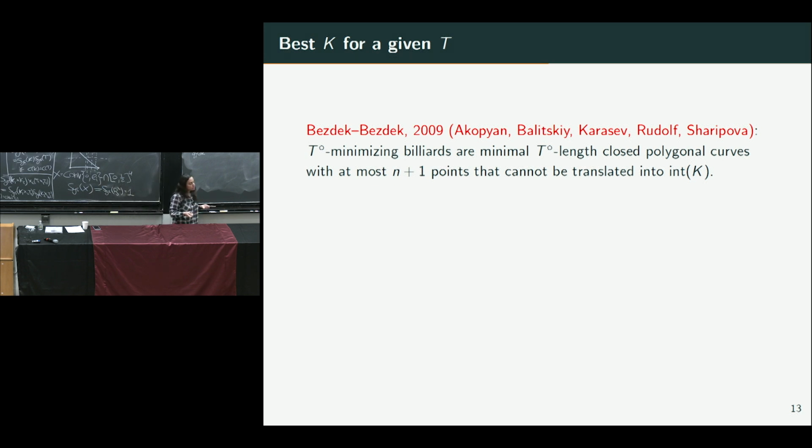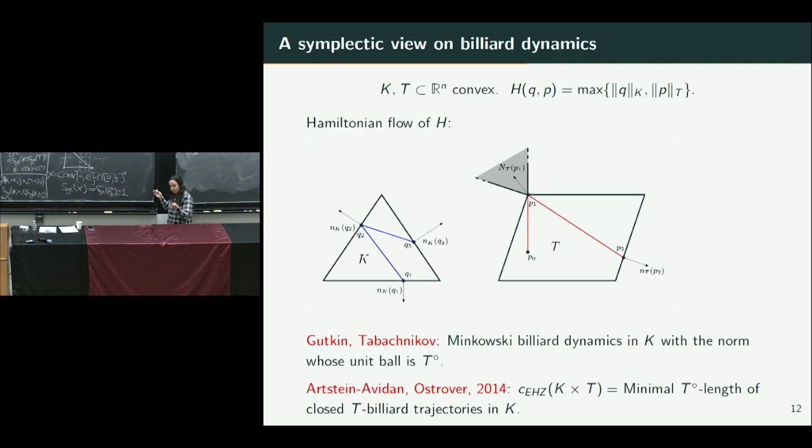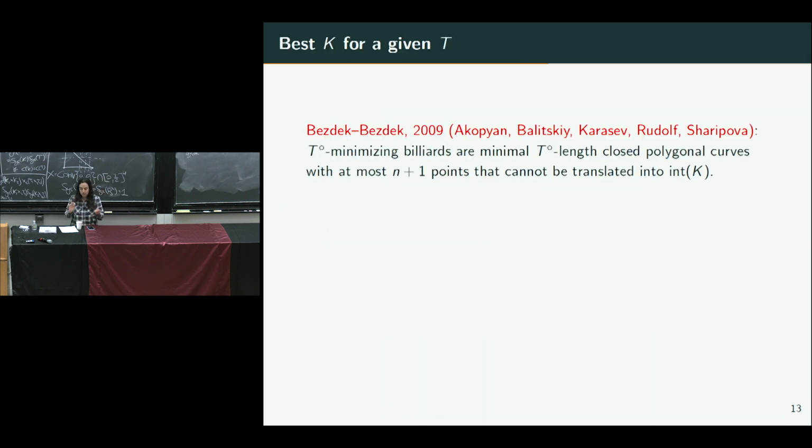Okay, and a very useful point of view in billiards is the Bezdek and Bezdek approach, which tells us that to find the minimal billiard inside some table, so in our philosophy K would be the table and T would give us the geometry, it's enough to look at all curves which cannot be translated into the interior of the domain.